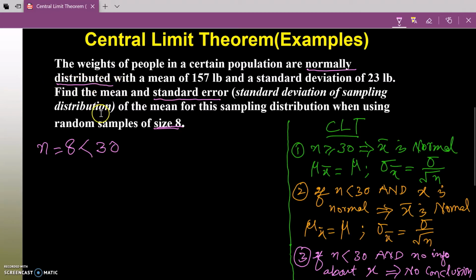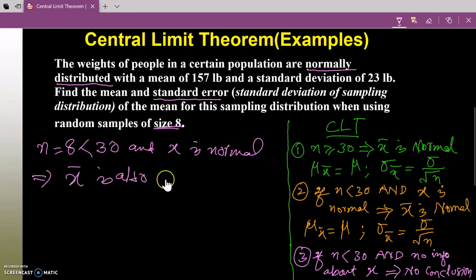It means the sampling distribution, x bar, is normal or approximately normal. So we can say as n is equal to 8, which is less than 30, and x is normal, it implies that the sampling distribution is approximately normal. This is what the central limit theorem says.